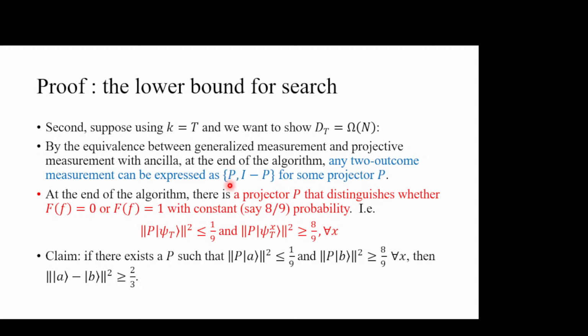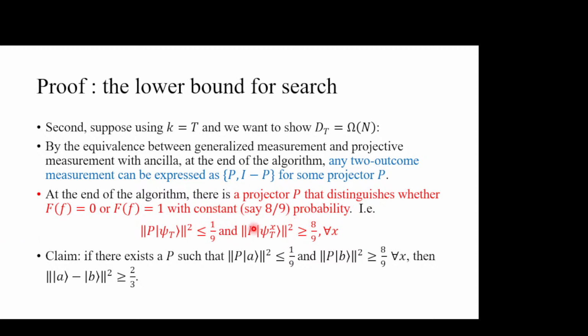Okay, so the measurement is described by some projector P, and then back to trying to solve our oracle problem. At the end of the algorithm, there should be some two-outcome measurement, and now this two-outcome measurement is described by this projector P. So this two-outcome measurement should distinguish no input or yes input with some constant probability.